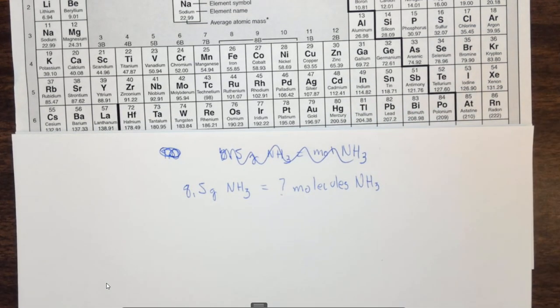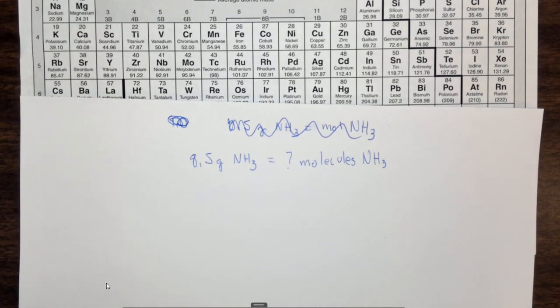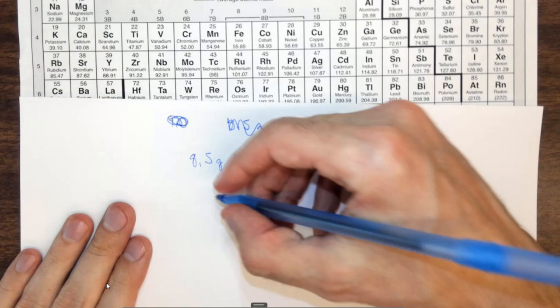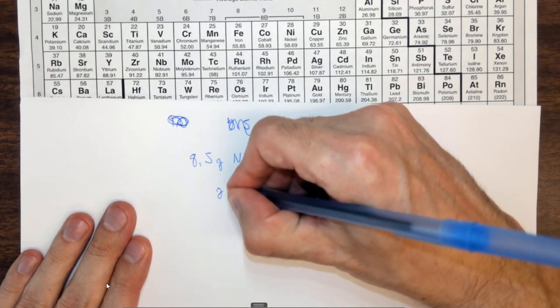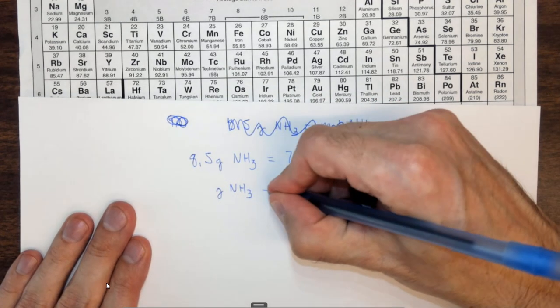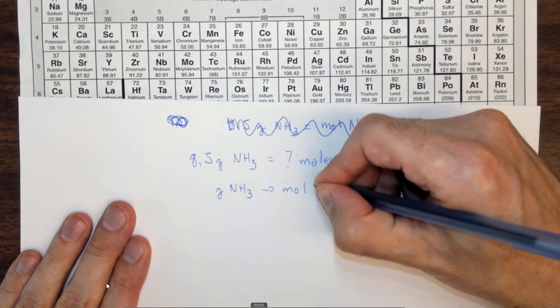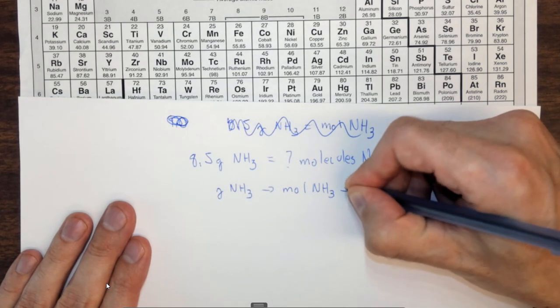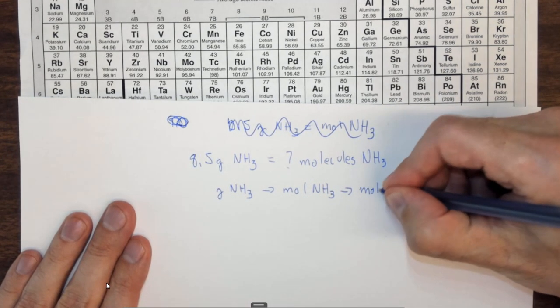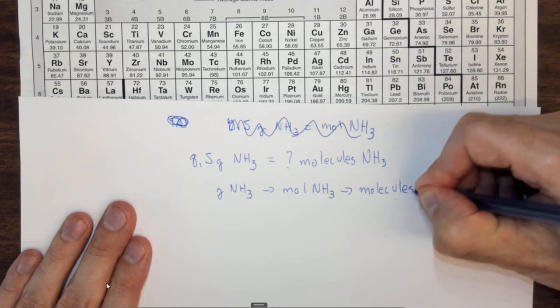So, in order to do this, we need to do several conversions. First, we need to convert from grams of NH3 by way of a plan of attack to moles of NH3, and then finally to molecules of NH3.